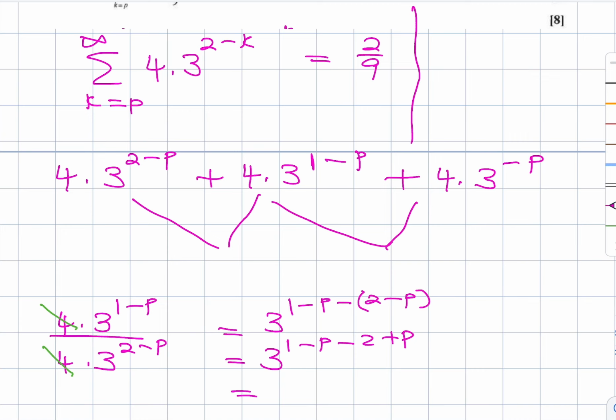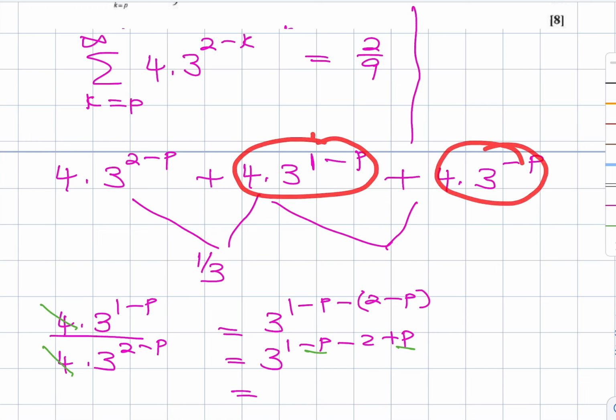And we can see that this p and that p will give us 0. We are left with 1 minus 2, which is 3 to the power negative 1, and that will be 1 over 3. And if you take this term divided by this term, you should also get 1 over 3.